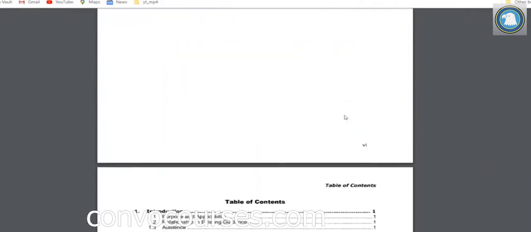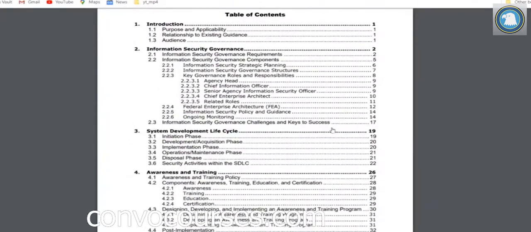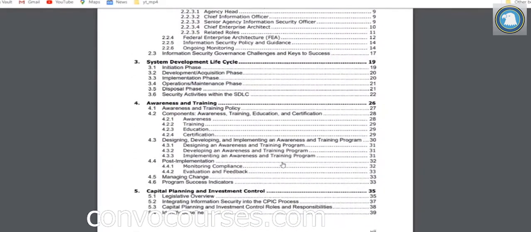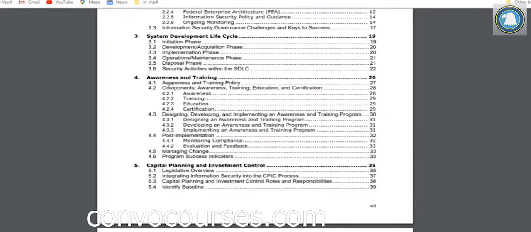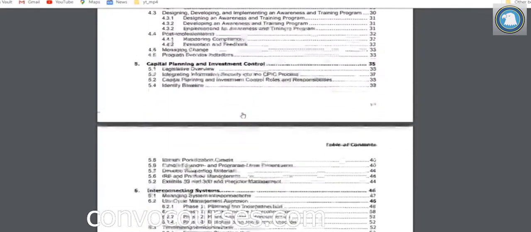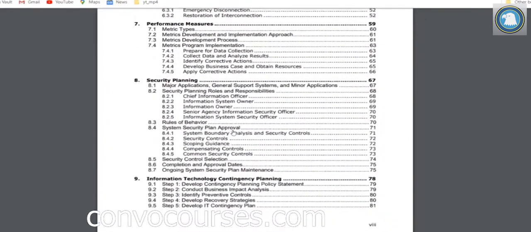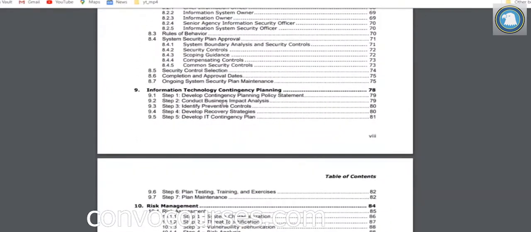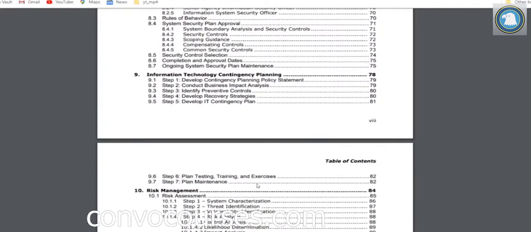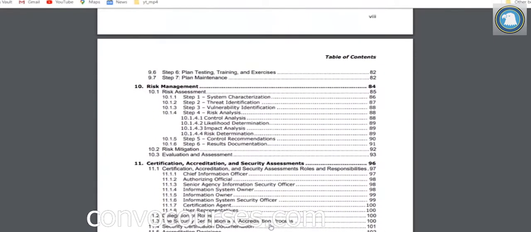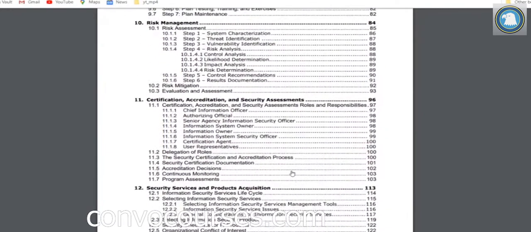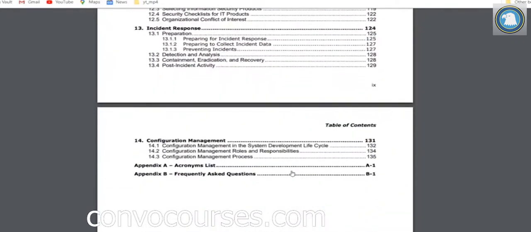It explains stuff at a very high level, what's going on as far as cybersecurity is concerned. It for example explains awareness training. It's really for managers, a management level type thing. Contingency planning, risk management, certification, accreditation, kind of an older document.